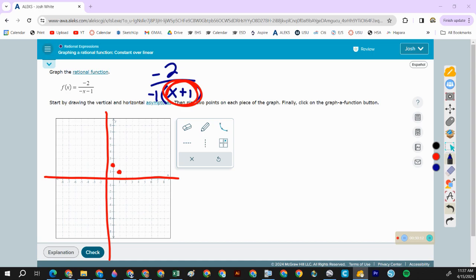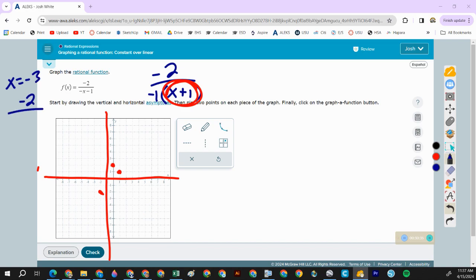Well, let's plug in negative 2. Negative 2 over the opposite of negative 2 minus 1. So that's negative 2 over 2 minus 1, which is negative 2. So negative 2 right there. Let's plug in x equals negative 3.